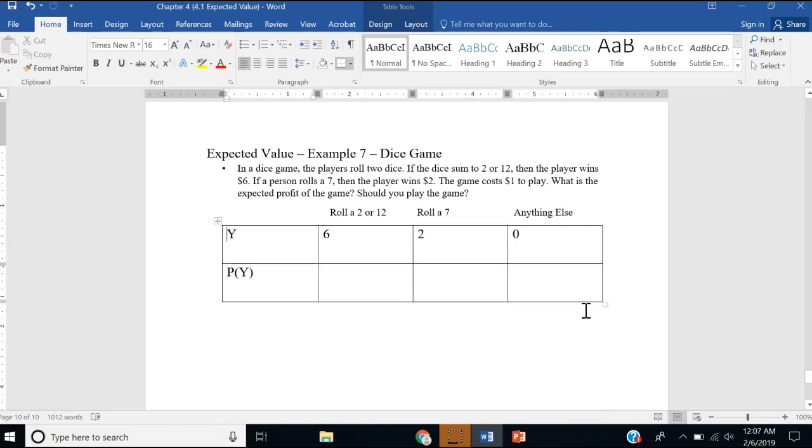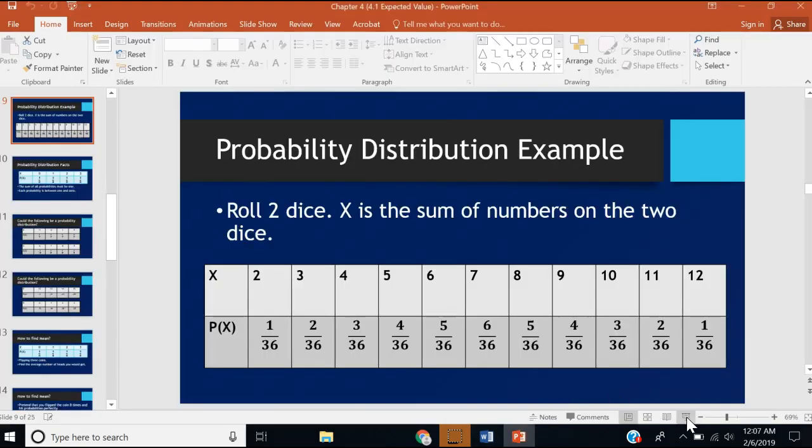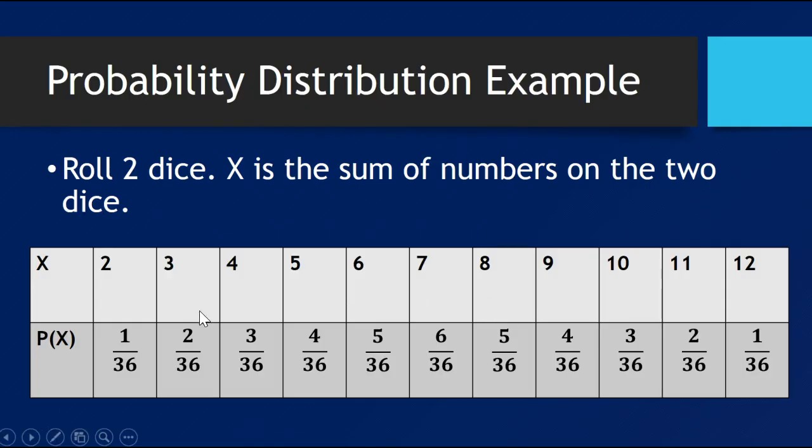Now remember, there's a couple of ways to do this. I could draw my 6x6 grid. We've done that in the past. But what I'm going to do is just look back at our notes. And looking back at our notes, we had this probability distribution where x was the sum of the two dice, and then the probabilities were below it.